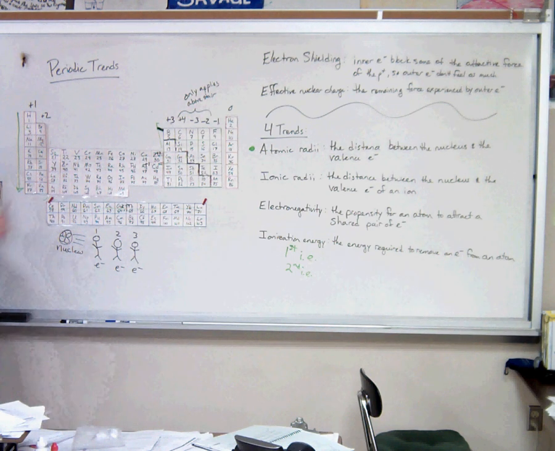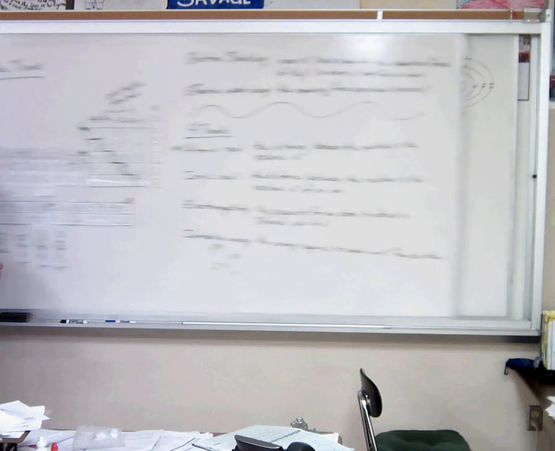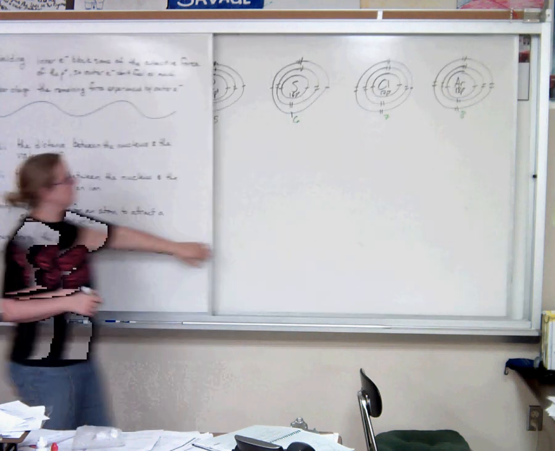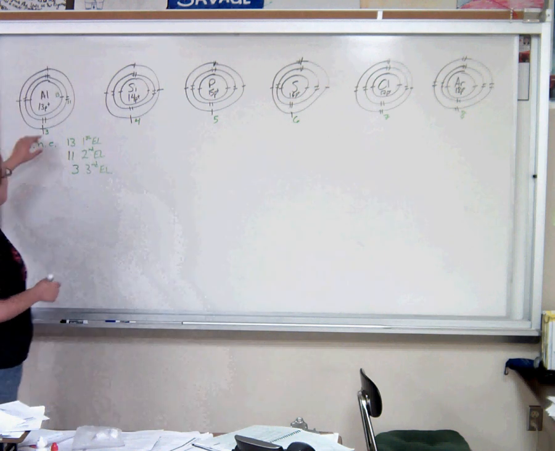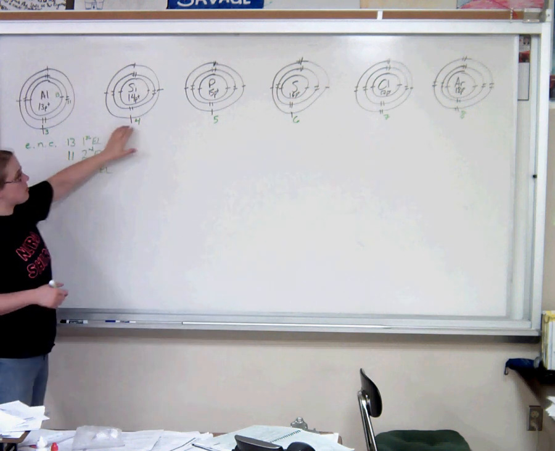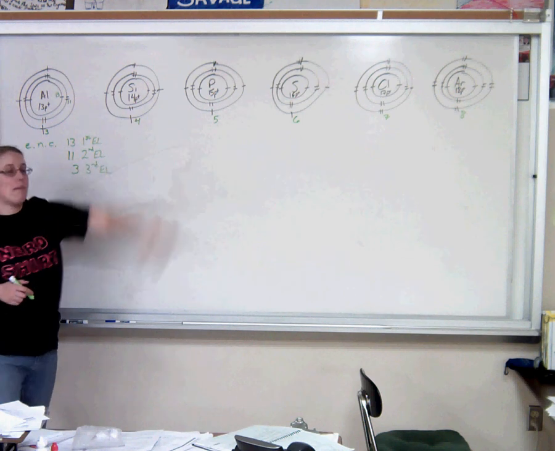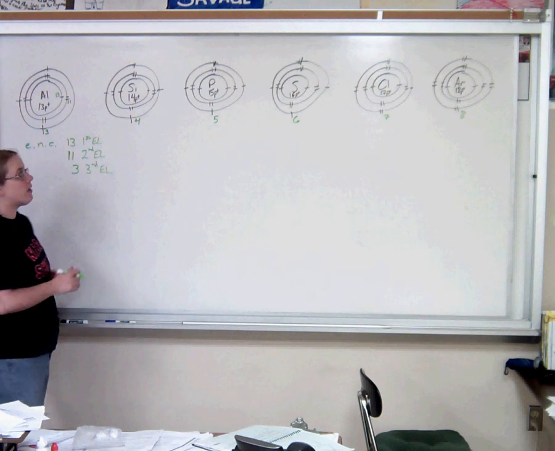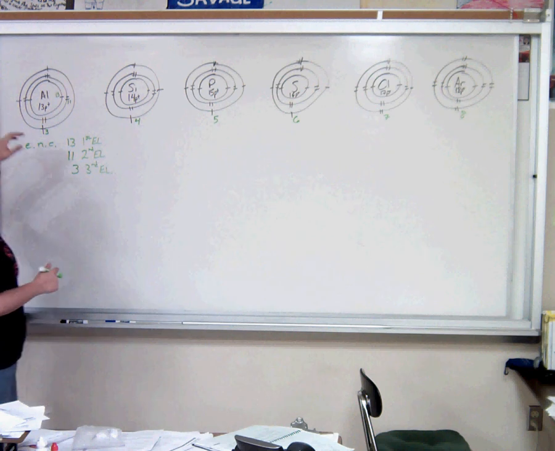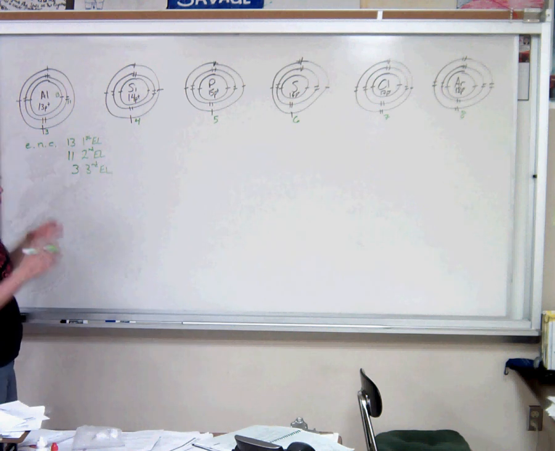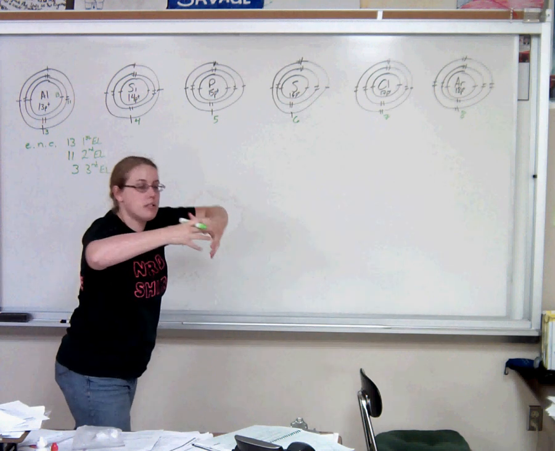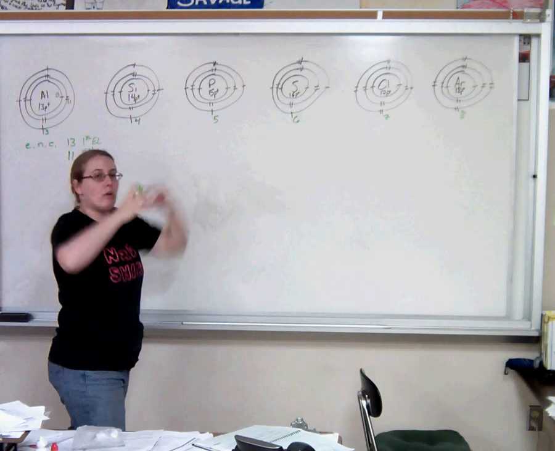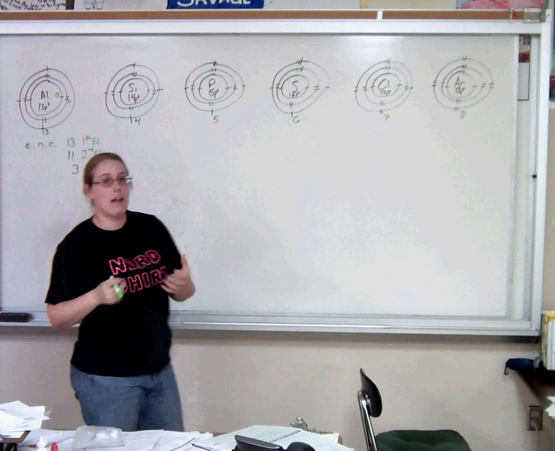Well, let's go back and look at our 3p atoms again. So we have said that the outermost electrons are feeling different amounts of force in these different atoms. The ones that feel the most force, so that force means that the protons are pulling the electrons in. So the more the protons can pull the electrons in, the smaller that atom is going to be.